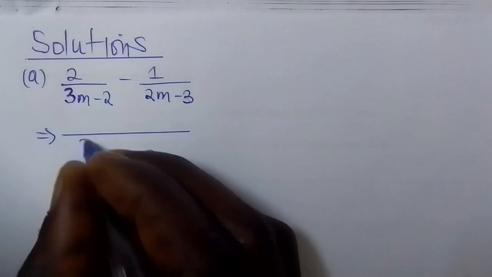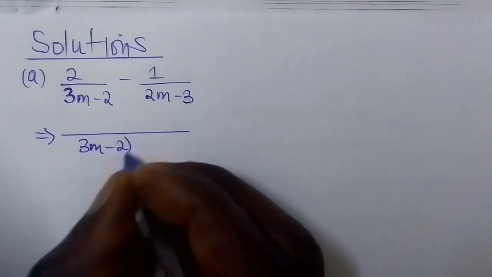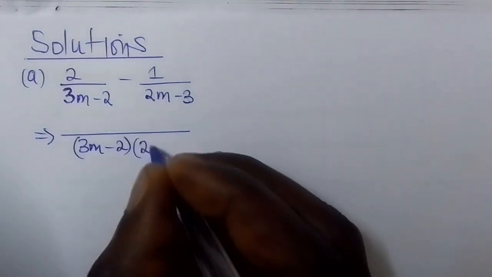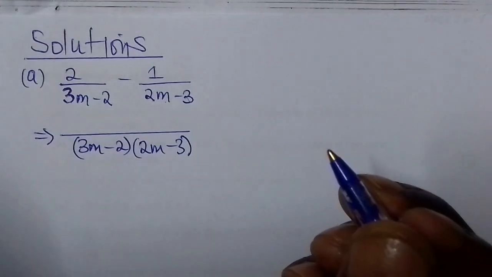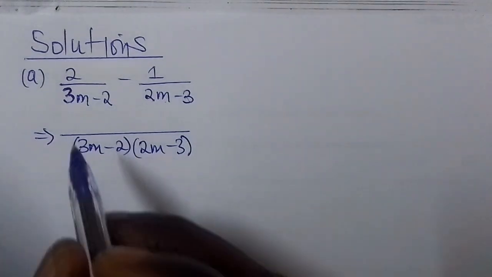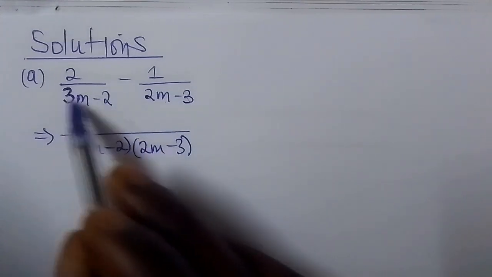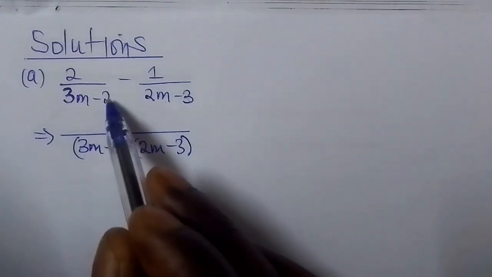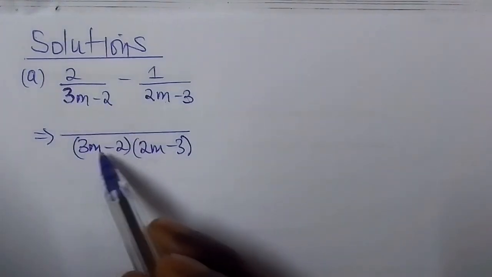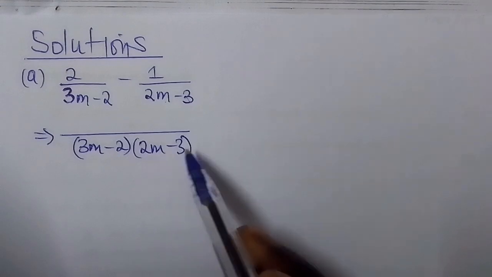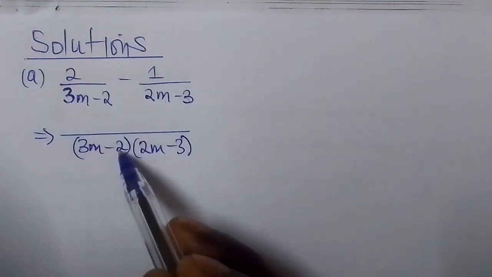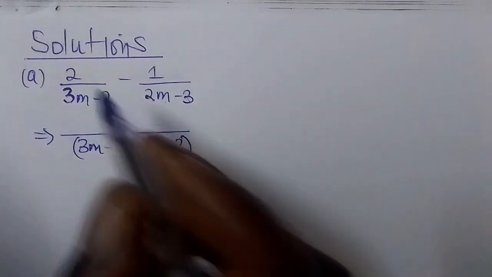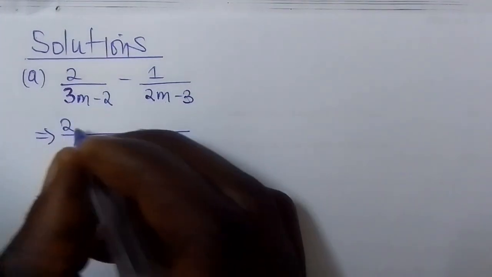Now, for the common denominator, all we do is show that the denominators are multiplying. So 3m minus 2 is multiplying with 2m minus 3. So this here is our common denominator. Now we divide the denominator 3m minus 2 into 3m minus 2, 2m minus 3. So 3m minus 2 simplifies with 3m minus 2, giving us 2m minus 3, which is going to multiply with 2.